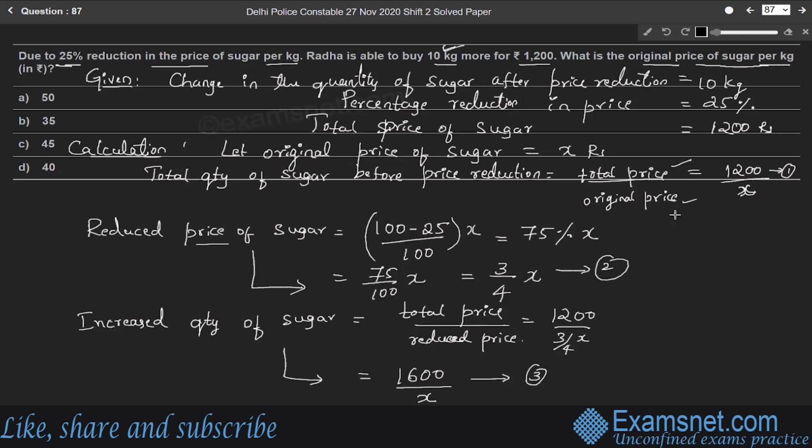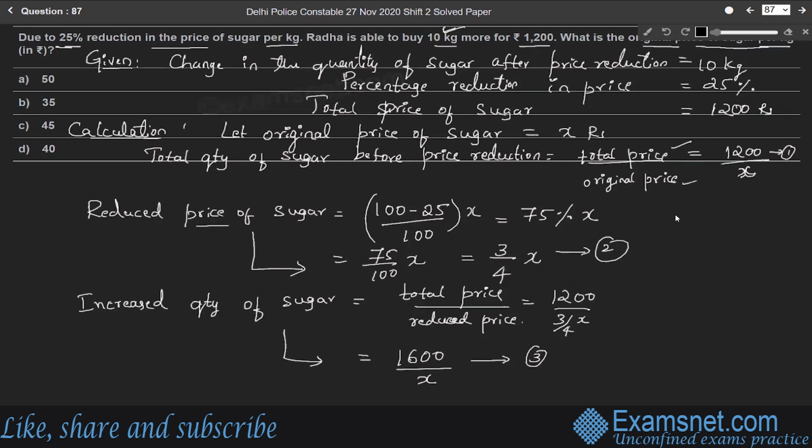According to the question, the change in the quantity of sugar after price reduction is 10 kg, right? So the change in the quantity of sugar is 10 kg.